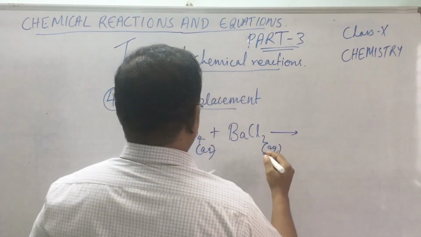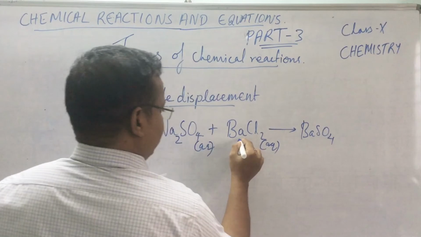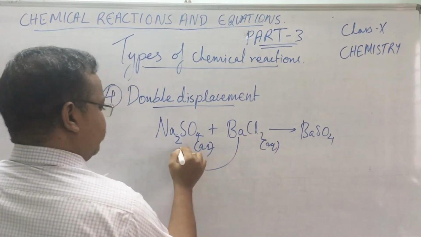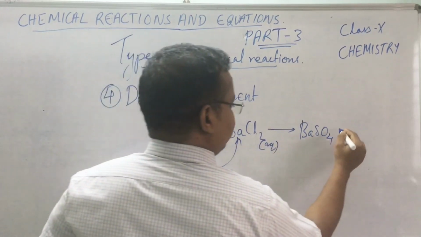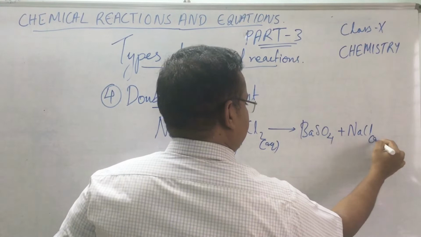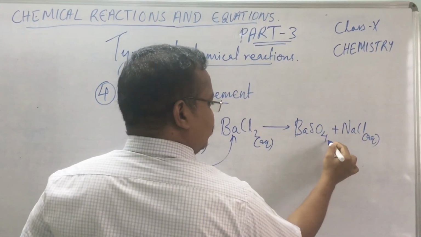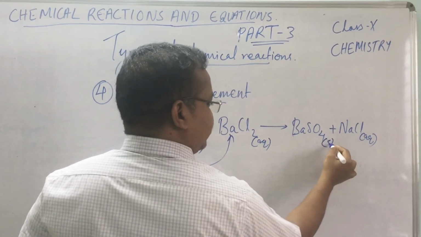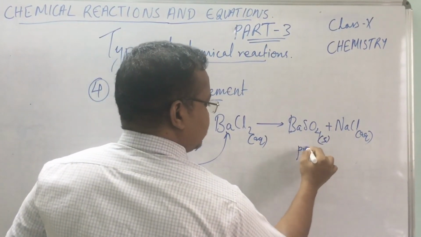It will produce barium sulfate, BaSO4. Barium is displacing sodium and sodium is displacing barium. Barium sulfate plus NaCl, sodium chloride, is produced. Sodium chloride formed will be aqueous, but barium sulfate produced will be solid. Barium sulfate actually precipitates out.